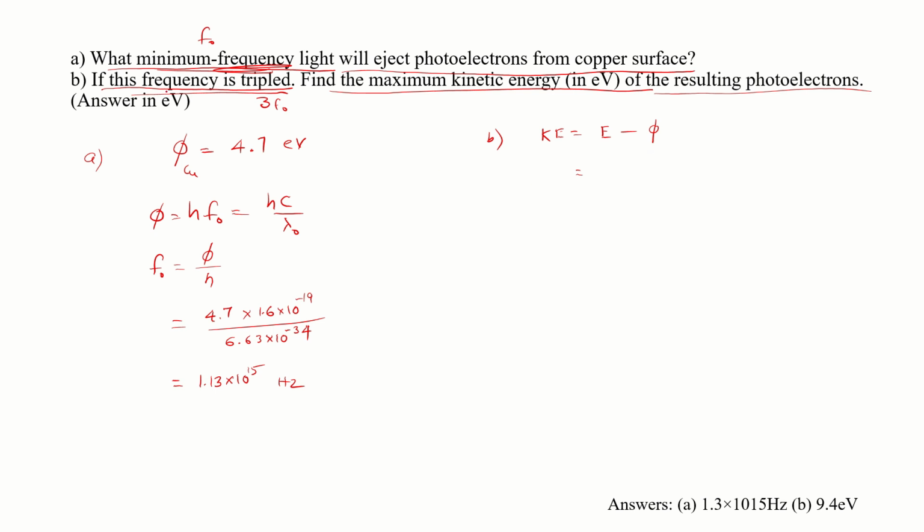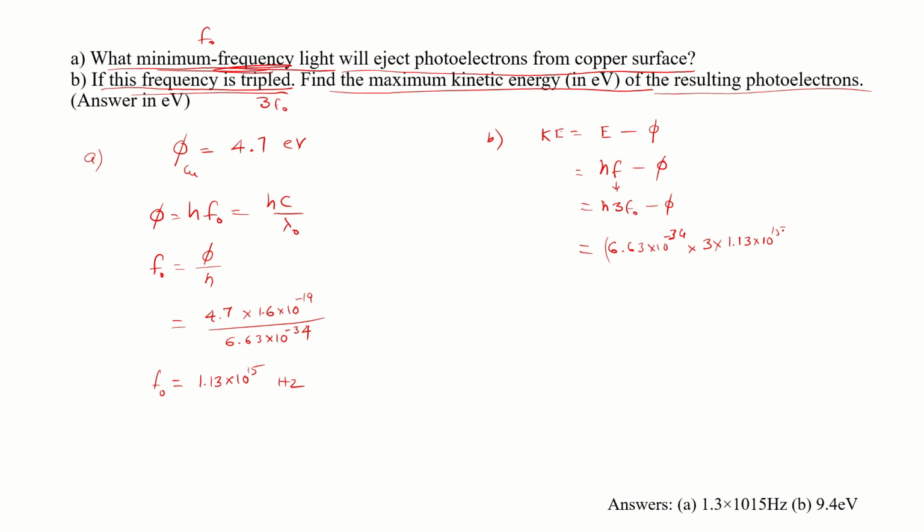It's given that the frequency of the photon is tripled. The energy is hf, but the frequency is tripled, so h times 3 f naught minus the work function. Let's substitute: 6.63 times 10 to the power of minus 34, times 3, times 1.13 times 10 to the power of 15.